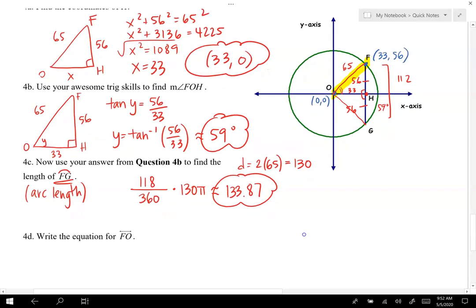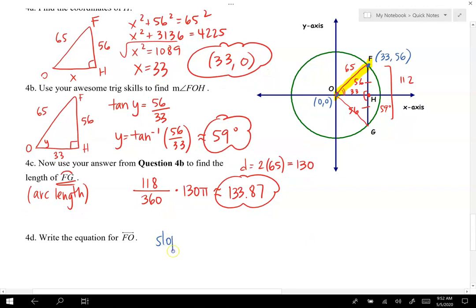Okay? Now, if we look at our slope, we need our slope and a point. The rise is 56, the run is 33. You can leave it like that, and that's the most reduced that it will be.